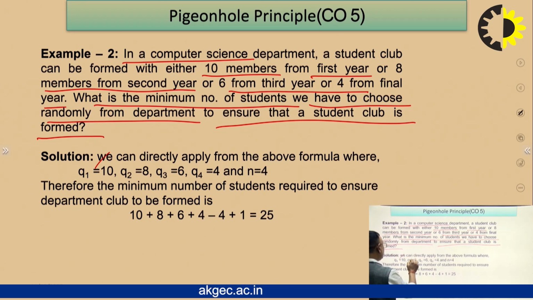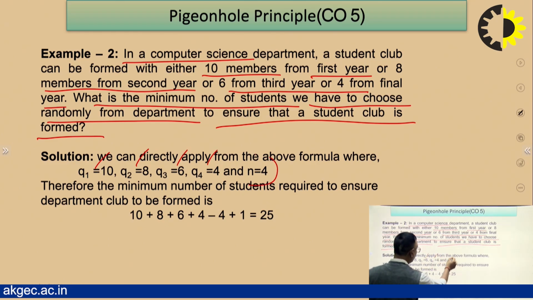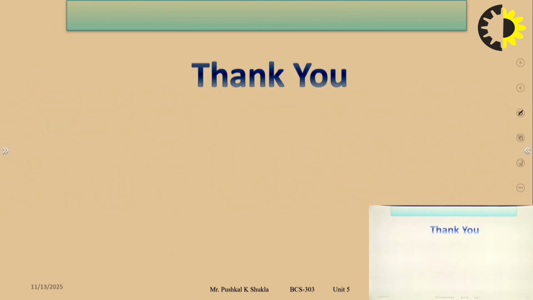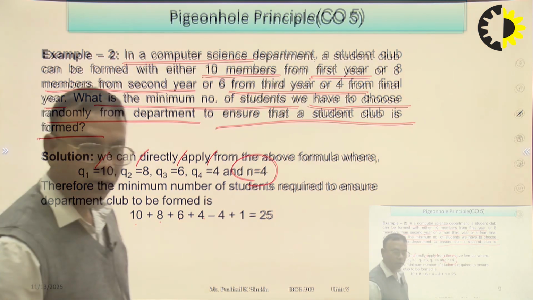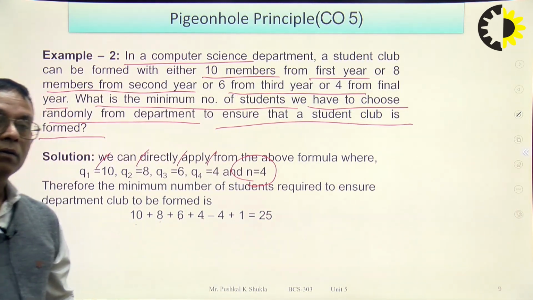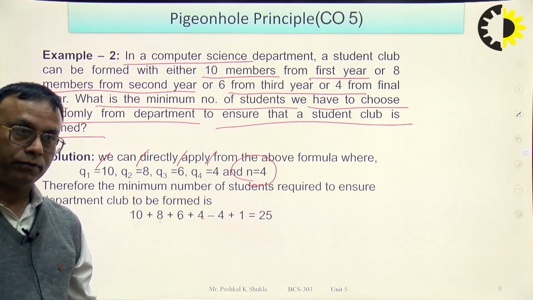Here Q1 equals 10, Q2 equals 8, Q3 equals 6 and Q4 equals 4, and n equals 4 pigeonholes. Therefore, the minimum number of students required to ensure a club is formed is 10 plus 8 plus 6 plus 4 minus 4 plus 1, that is 25. So here we see the use of the pigeonhole principle in day-to-day life.